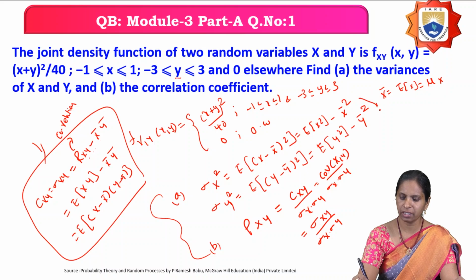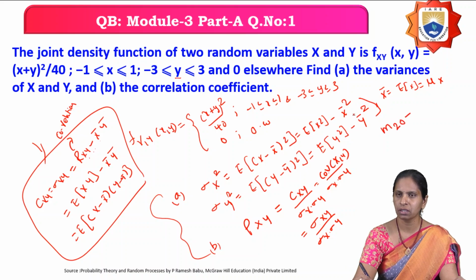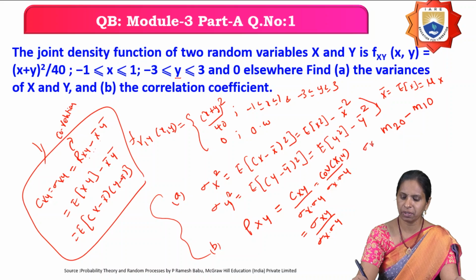You can write this in terms of the joint moments about the origin. E of x square is m20, and x bar, which is E of x, is m10. Therefore, the variance sigma x square equals m20 minus m10 square.